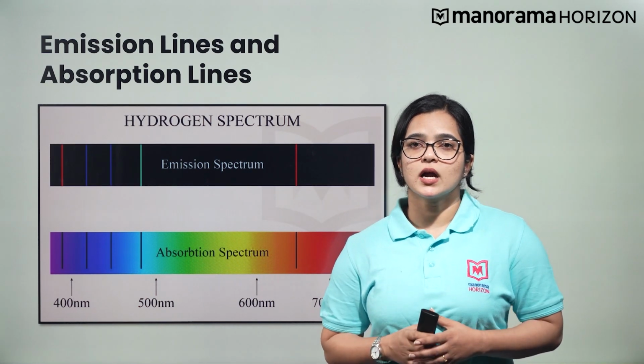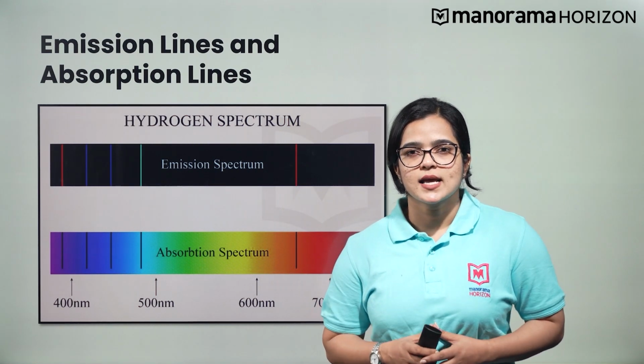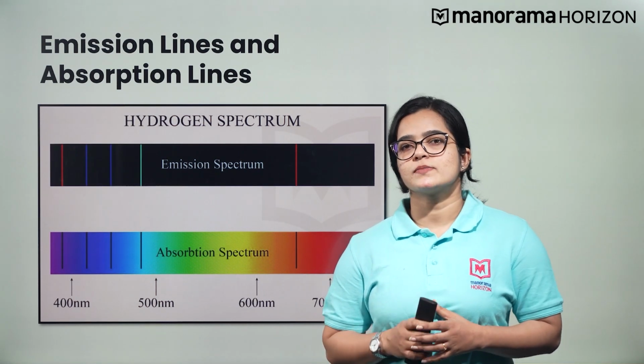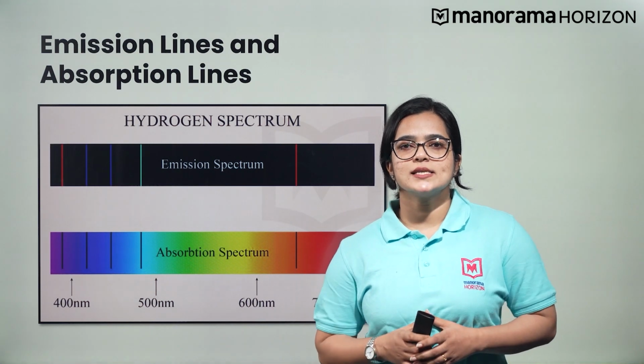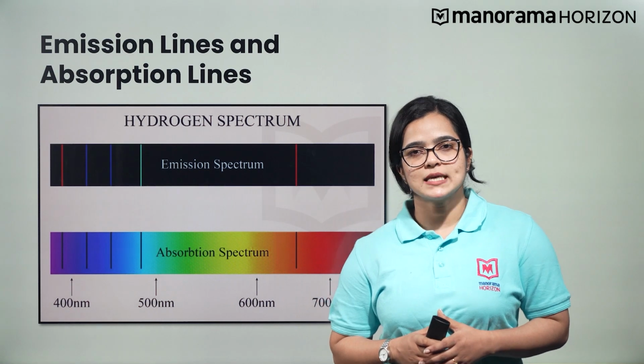If photons with a continuous range of frequencies pass through a rarefied gas and are analyzed with a spectrometer, a series of dark spectral absorption lines will appear in the continuous spectrum. These dark lines indicate the frequencies that are absorbed by the atoms of the gas.